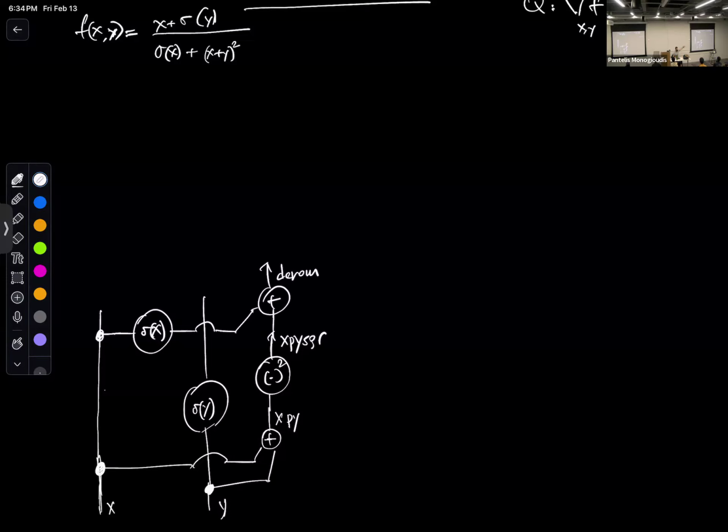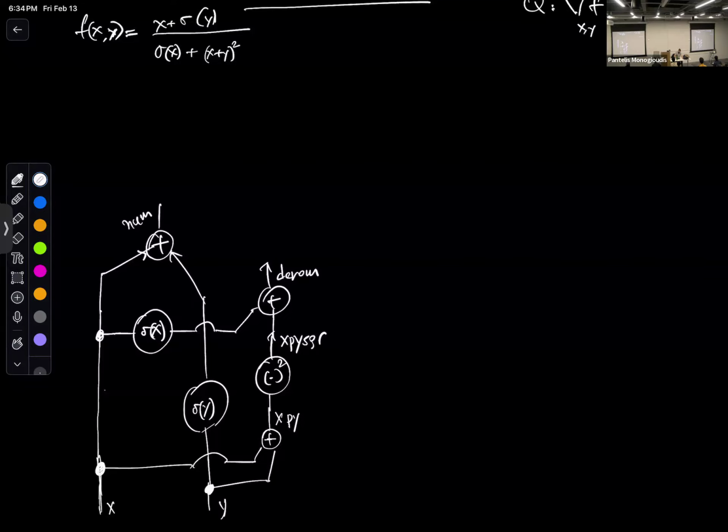As you can see from the function, take x and sigma of y and add them together to form the numerator.